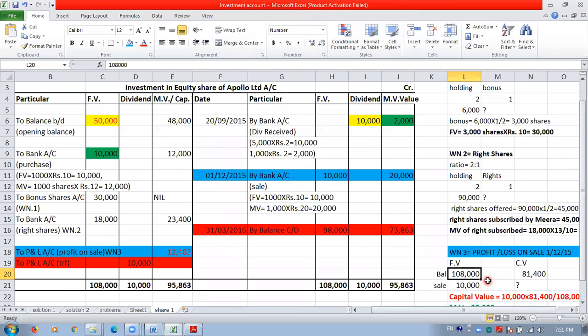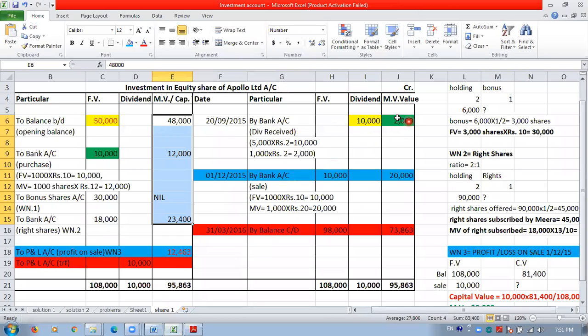Likewise, the capital value also we have to find out. So here total this 48,000, 12,000 and 23,400. Only these we have to total, and we have to deduct the 2,000 figure, because we can't take this 20,000, as we are dealing with this transaction only. We are not going to consider these figures; only whatever is above this we have to consider.